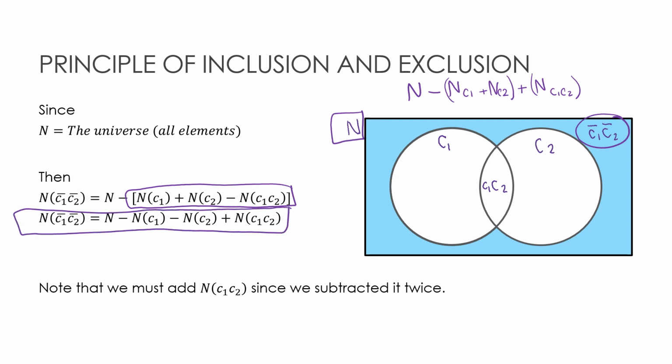So again, looking at a pattern, we're saying take the number of elements in the entire universe, subtract any that are in just one set, C1, C2, add any that are in two sets, then subtract any in three sets, add any in four sets, etc.